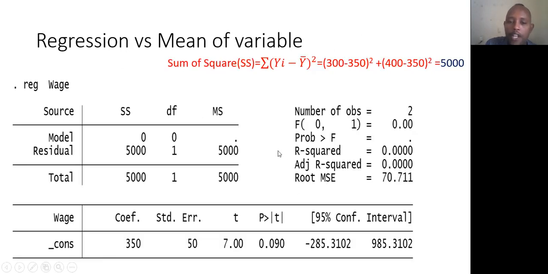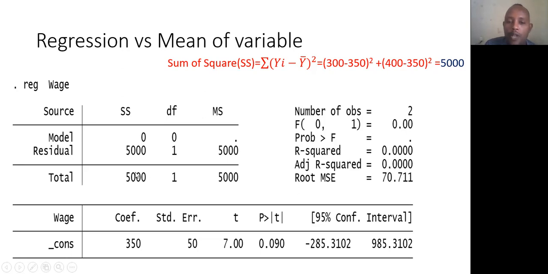If there is no variation in our model, or if there are no independent variables in our model, what happens to the R squared here? Look at here. It is 0. What does it mean? How can we find R squared? R squared is the explanatory power: the variation explained by the variables divided by the total variation.